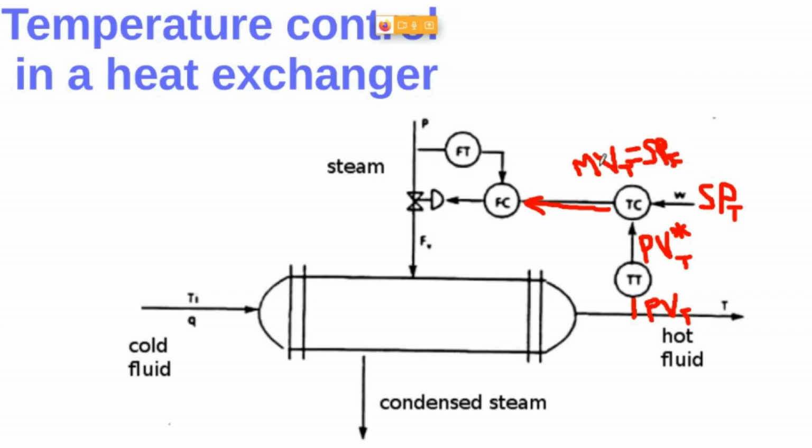So when the set point of an inner feedback control loop is the manipulated variable of the outer control loop, we have a cascade control structure, being the flow control the inner loop, the secondary loop, and the temperature the outer, or primary, control loop, right?